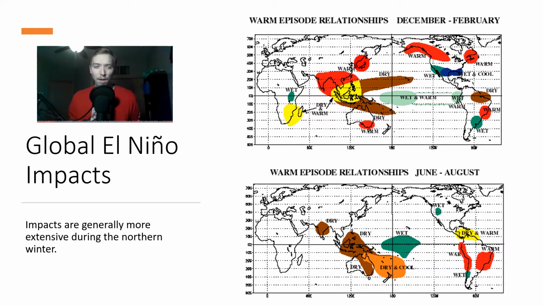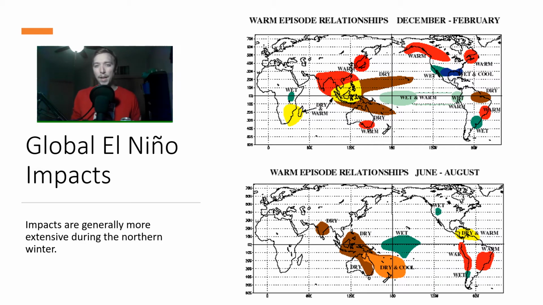Impacts are generally more extensive during the northern winter, which is where we see this primarily taking effect. So for warm episode relations, this is December through February. In India and China, it's warmer. Along Madagascar, the southern portions of Africa, into again Indonesia and the islands south of China, it's drier and warmer.